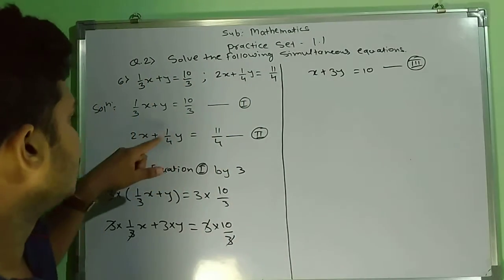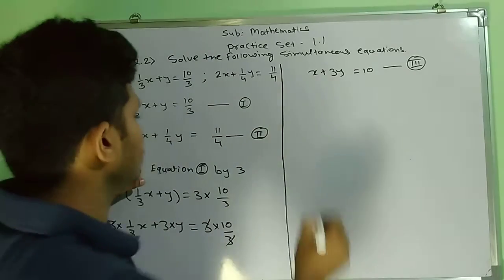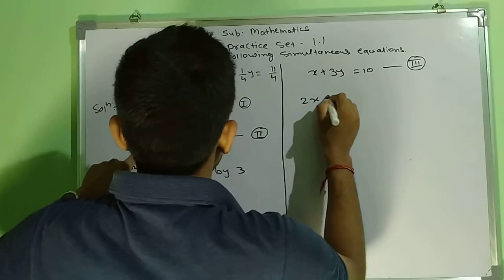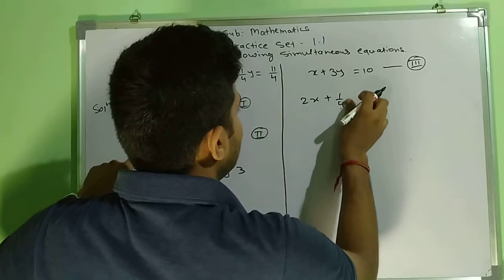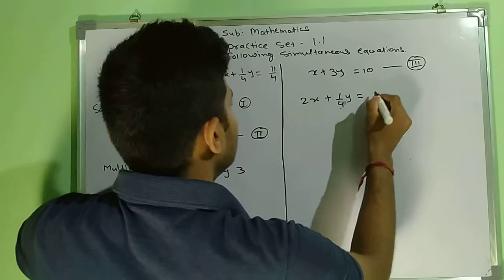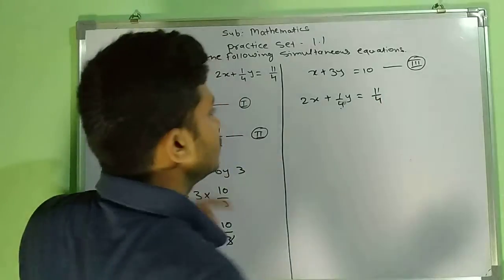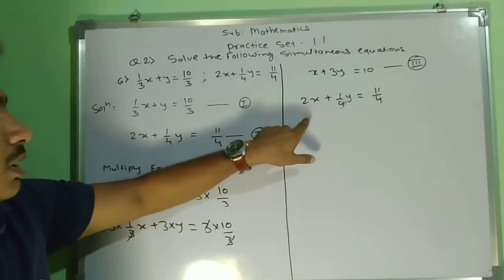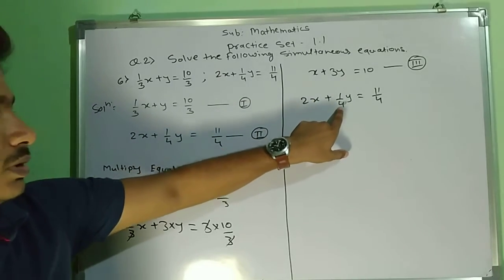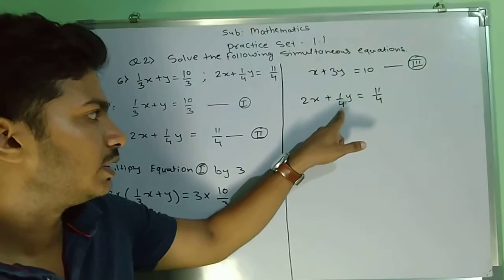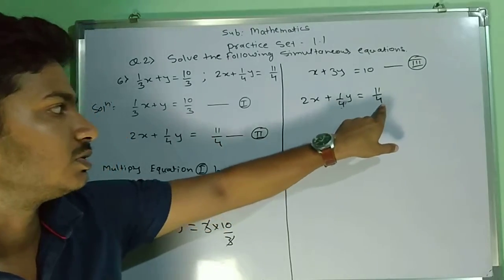Okay. Now we will take the other equation, equation number 2, which is 2x plus 1 by 4 multiplied by y, equal to 11 by 4. Now look here, we have to remove that 4 which is at the denominator, here and here.